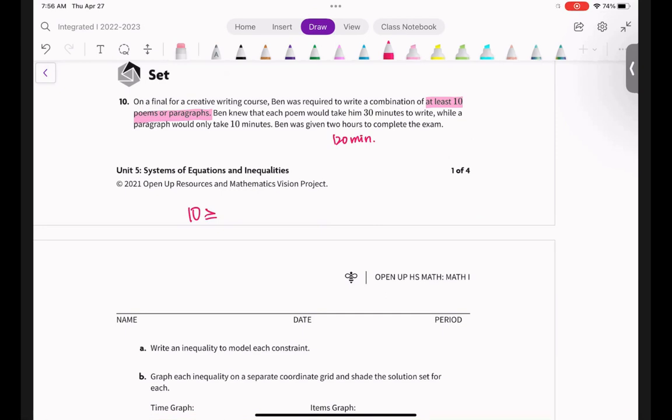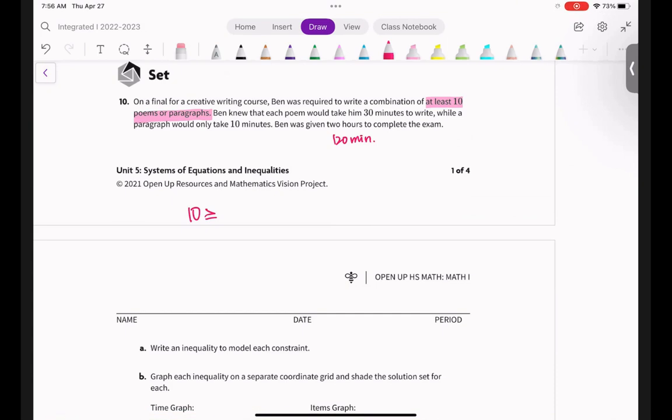We want to get so familiar with this word problem that we have all those little tiny details in front of us. So on a final, Ben was required to write at least 10, and I agree with you, it has to be 10 is greater than or equal to. So he can write 11, 12, 13, and he'd be good, right?